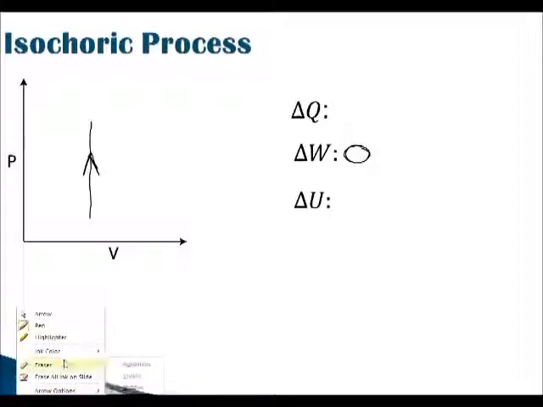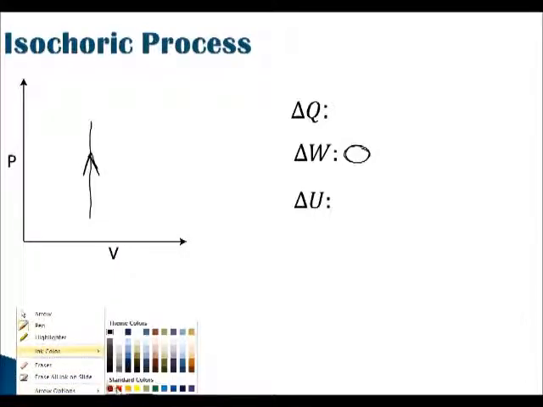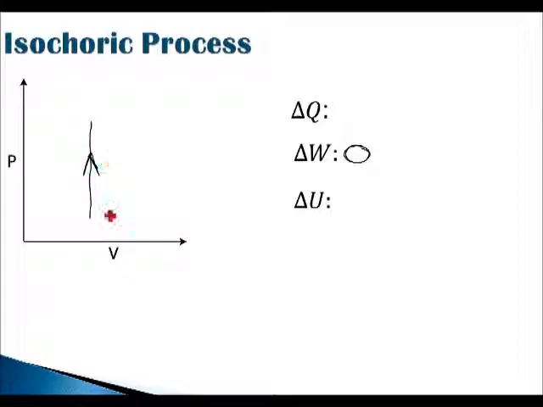Okay, now if the pressure increases, we know from the equation of state PV equals nRT, if P increases, the temperature must also increase. And what that means is that the internal energy must also increase. Because the internal energy increases, there is heat added to the system.